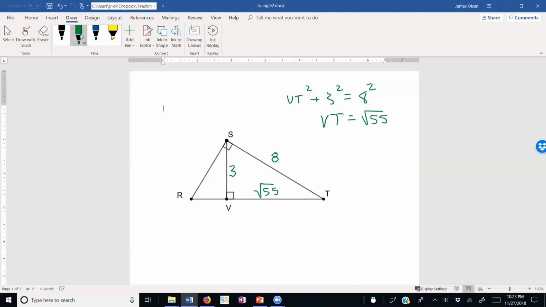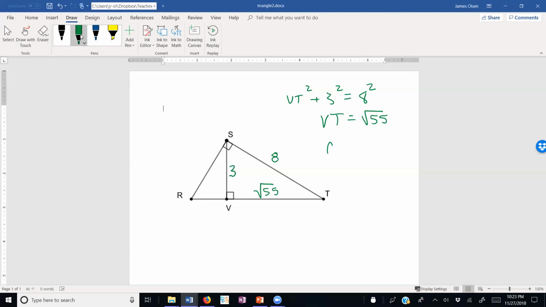Then I can use the left-hand small triangle and have it be similar to the right-hand medium-sized triangle and use proportions. So, I can use that to find, for example, RS or RV. Let's maybe do it to find RS.